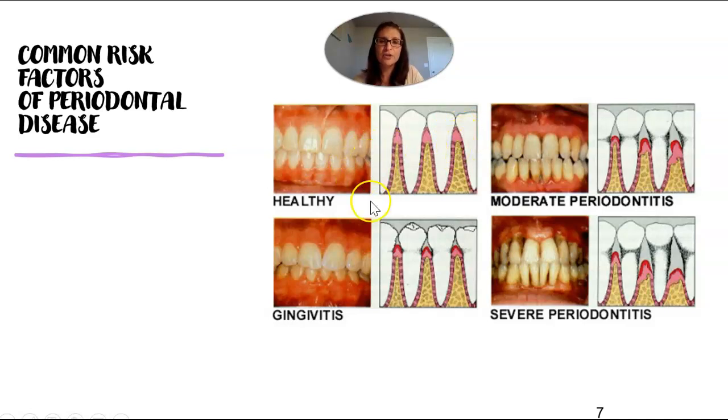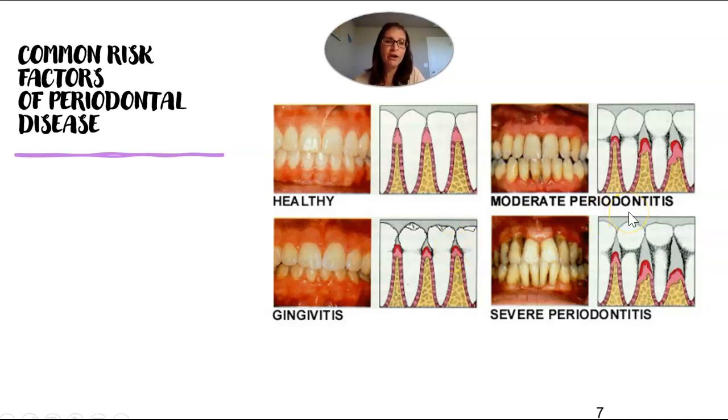This is healthy tissue. As we start getting into gingivitis, we start to get some irritation, some redness, possibly some swelling, a little bit of bleeding. We can begin to see that we don't have that nice interdental papilla like we had up in the healthy tissue. So we've started to already recede some of our gum tissue as a result of the gingivitis.